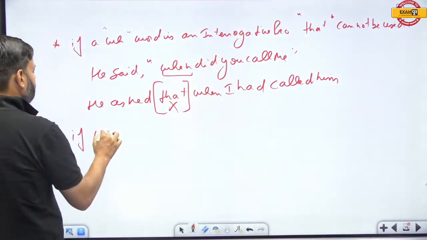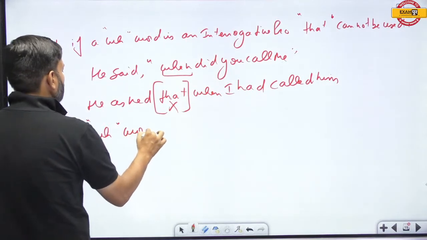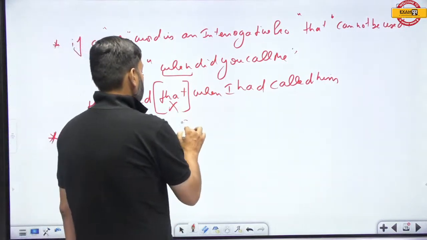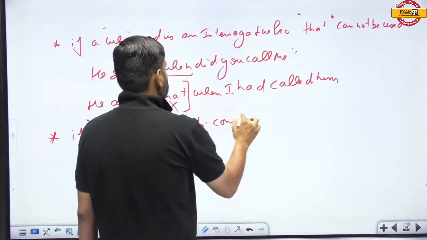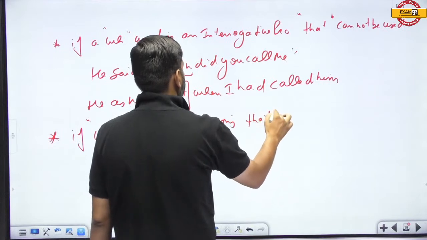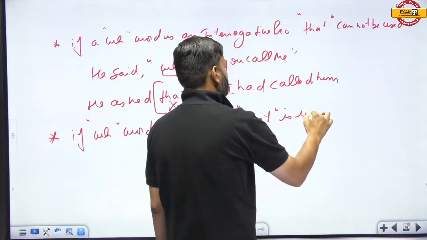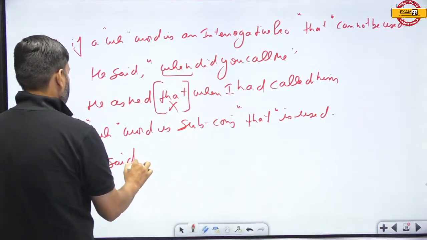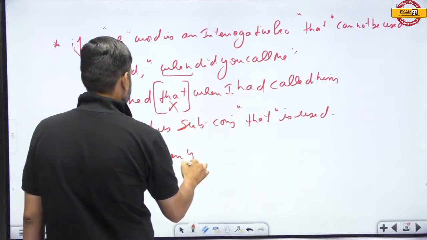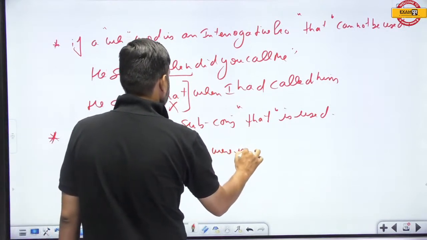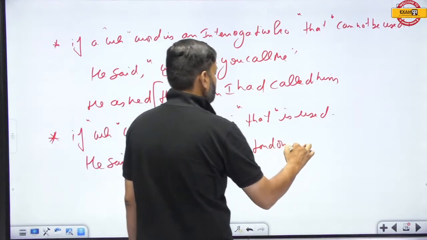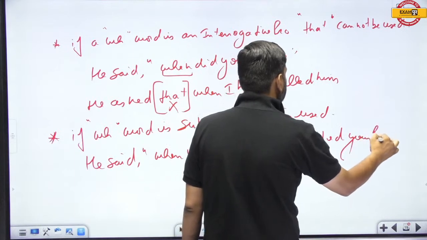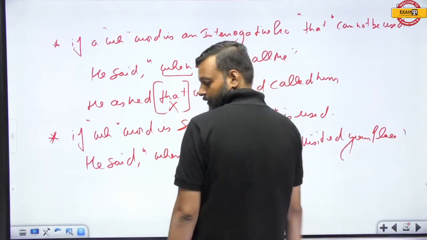If a WH word is a subordinate conjunction, that is used. Okay, for example, he said, when you were in London, I visited your place.